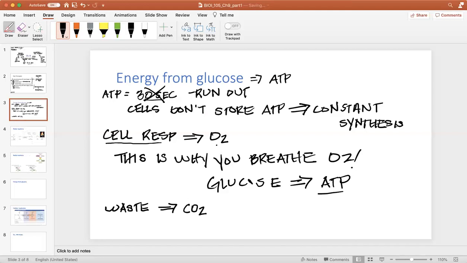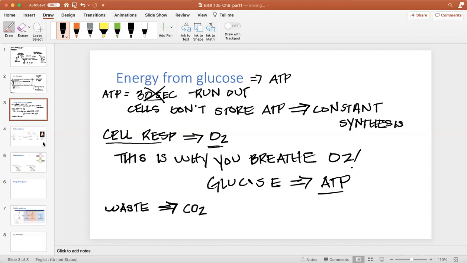So you guys know that you breathe in oxygen. The reason you breathe in oxygen is to drive cellular respiration. After cellular respiration has broken down glucose, you're going to give off carbon dioxide as the waste product. So this is why you see O2 going into the lungs and CO2 coming out of the lungs, all right?